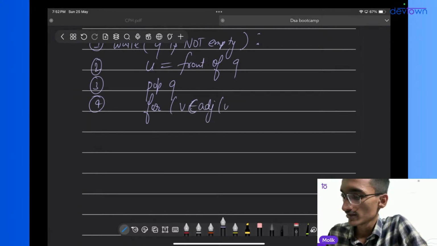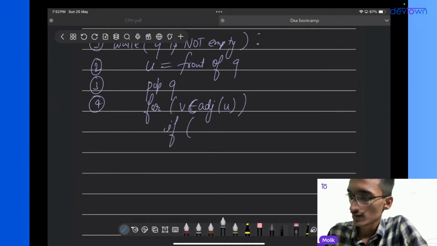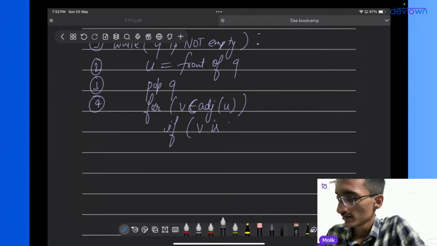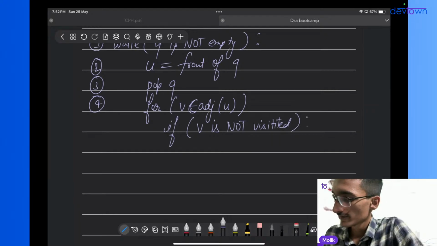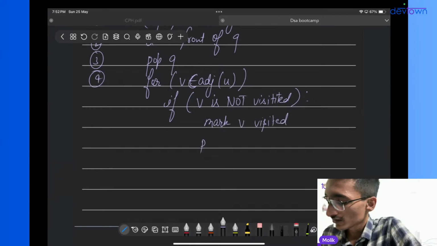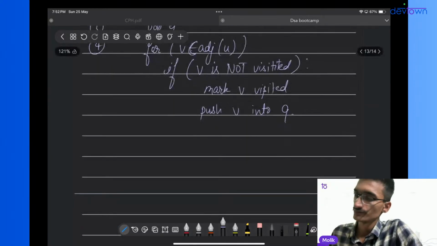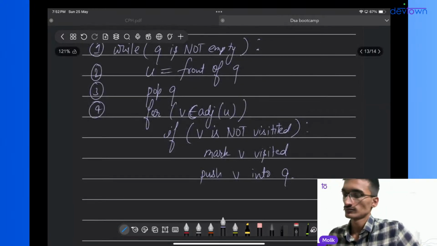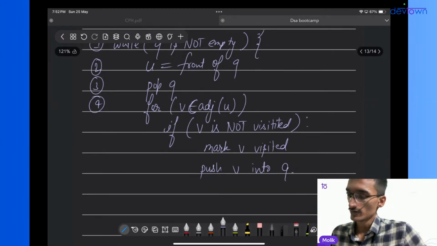For v belonging to adjacency of u, if v is not visited, mark v visited, push v into queue. That's what you do.